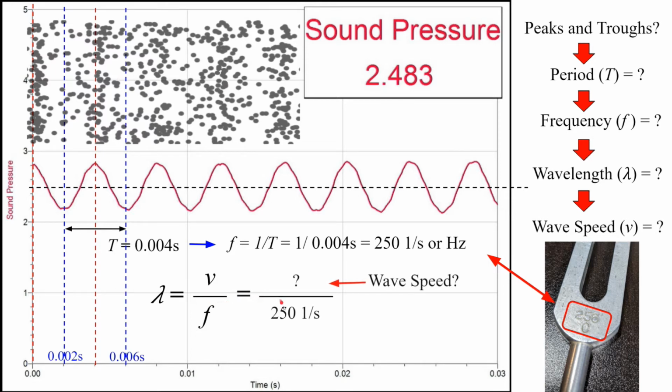Well, we calculated the frequency is about 250 hertz, or 250 inverse seconds, but how fast are those pulses, those periodic waves moving through the air? That's something we're going to have to figure out first before we can calculate what the wavelength is, how far apart the crests are from one another, or how far apart the troughs are from one another.